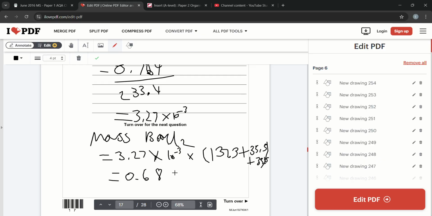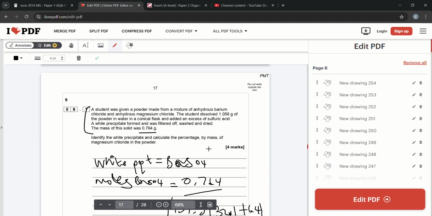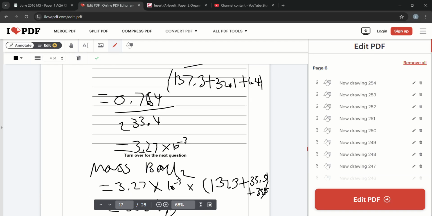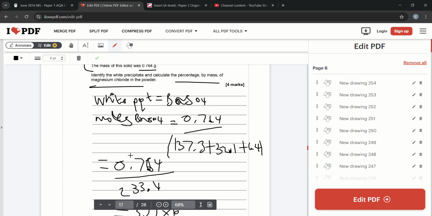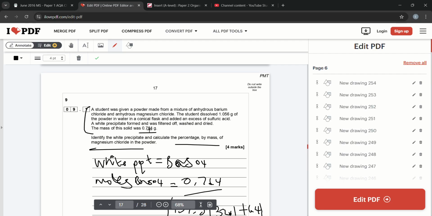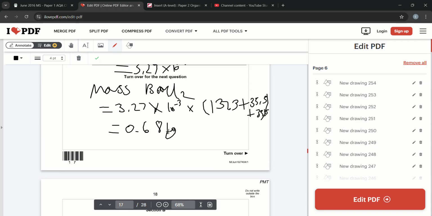And now the final thing, to calculate percentage by mass of magnesium chloride, is going to be the mass of magnesium chloride. Well, this is the mass of barium chloride, so to find the mass of magnesium chloride, it's just going to be 1.056 grams minus this.